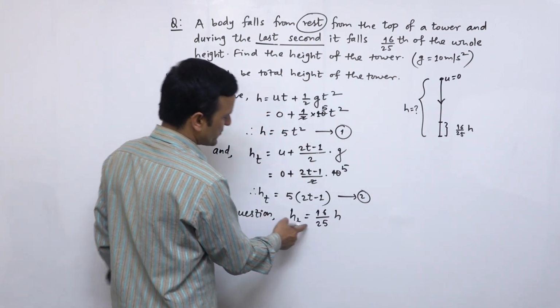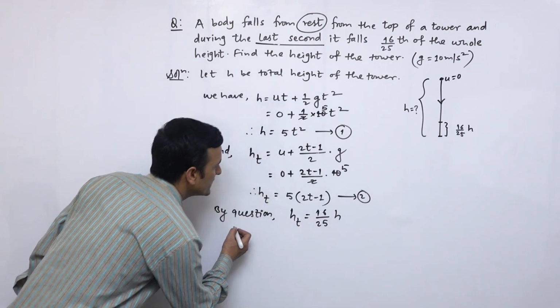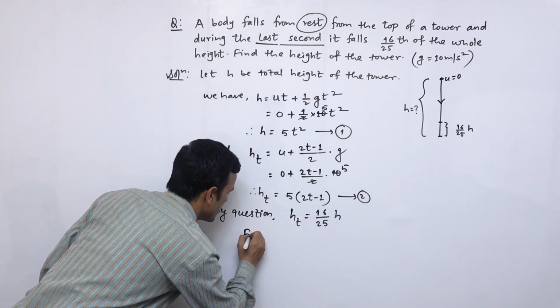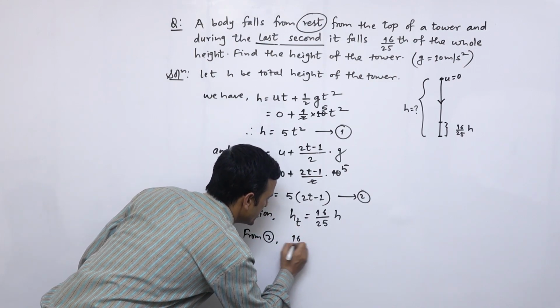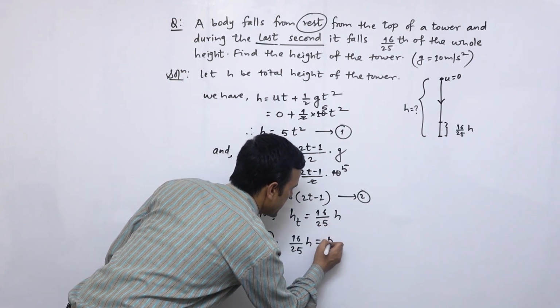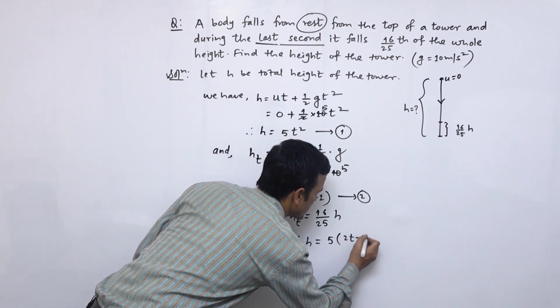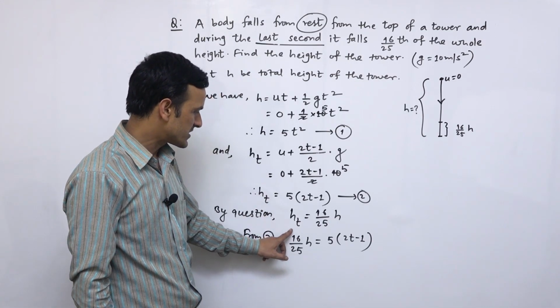Solving 1 and 2 after substituting this value. So let's solve. From 2, ST is equal to 16/25 H is equal to 5 times (2t minus 1). So it is taken from equation 2.